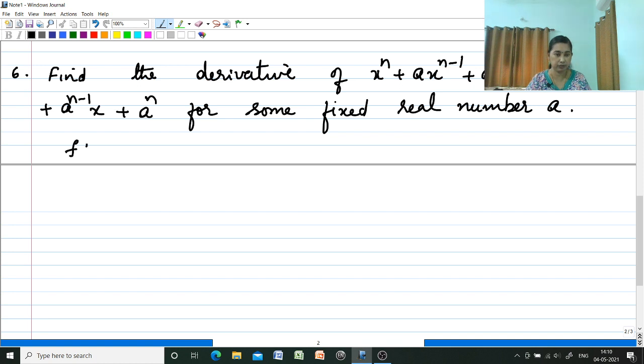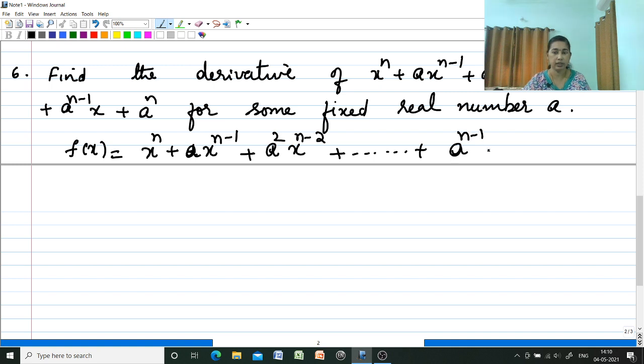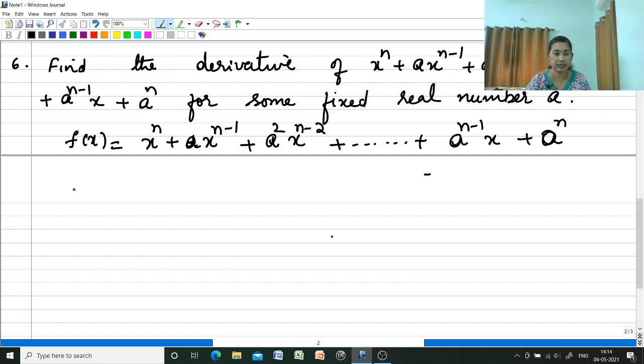We can write f of x is equal to x raised to n plus a x raised to n minus 1 plus a square x raised to n minus 2 plus etc. plus a raised to n minus 1 x plus a raised to n. Now what is f dash x?